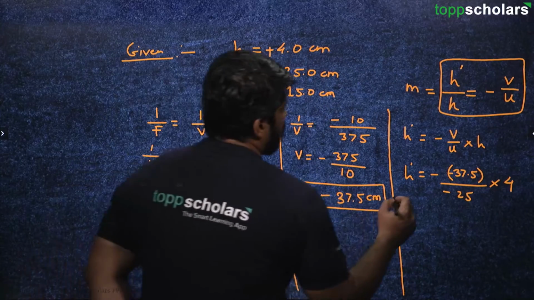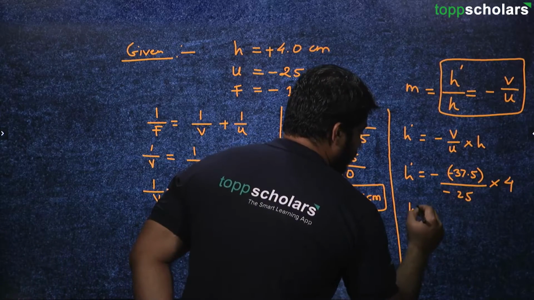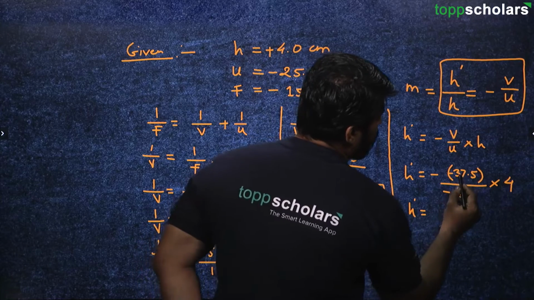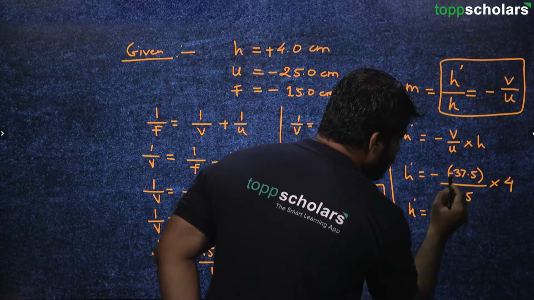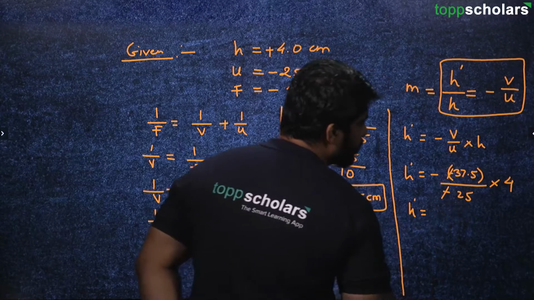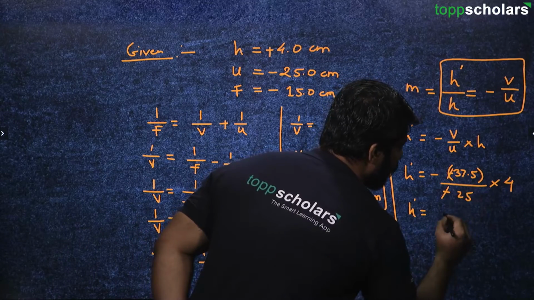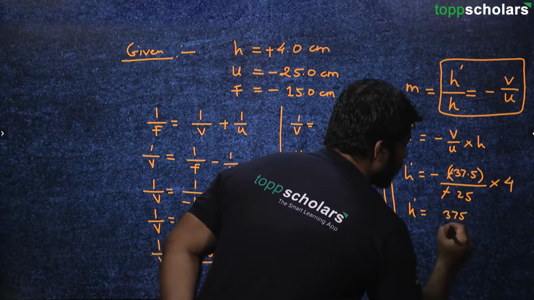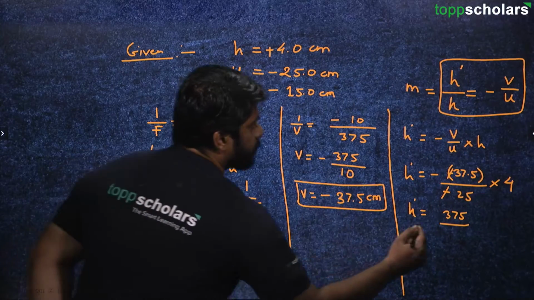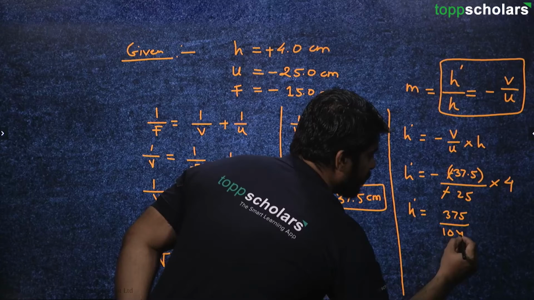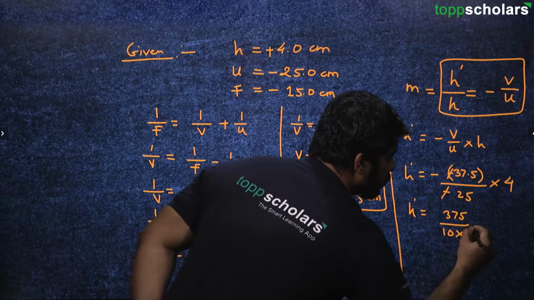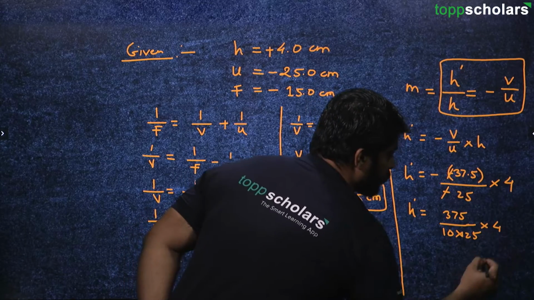Now this h dash can be also written as 37.5. Here you can see this minus sign and this minus sign would be cancelled, and what remains over here is 37.5, which is nothing but 375 divided by 10. So this is 10 into 25 into 4.